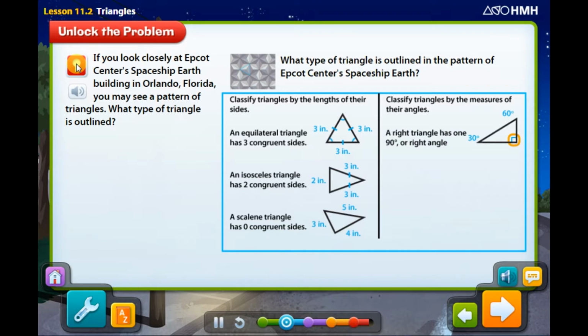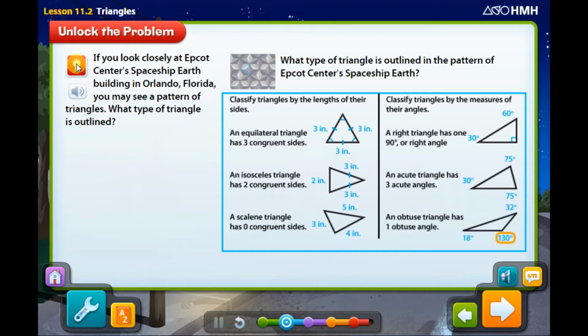A right triangle has 1 90-degree or right angle. An acute triangle has 3 acute angles. An obtuse triangle has 1 obtuse angle. What type of triangle is outlined in the pattern of Epcot Center's Spaceship Earth? All sides of the triangle are congruent, and all angles are acute.